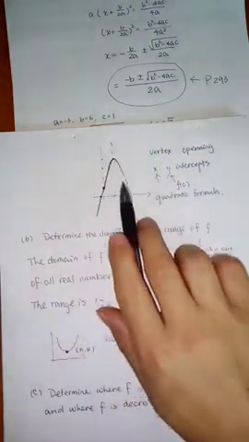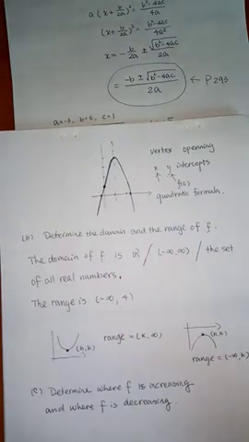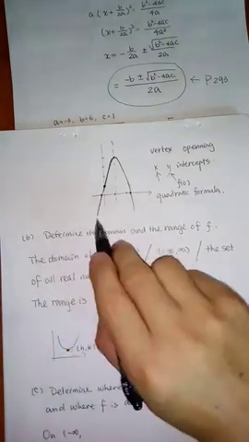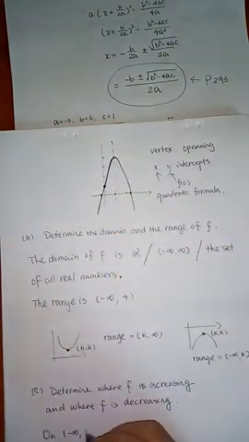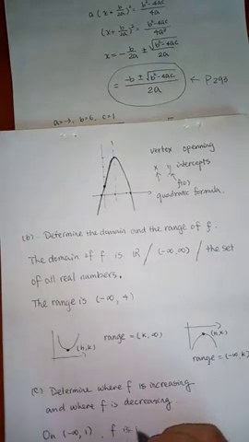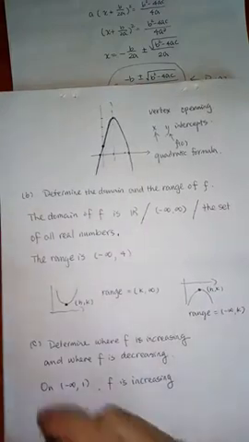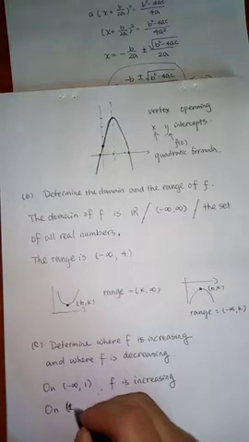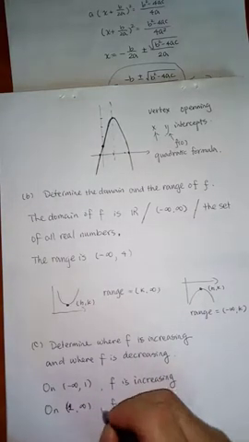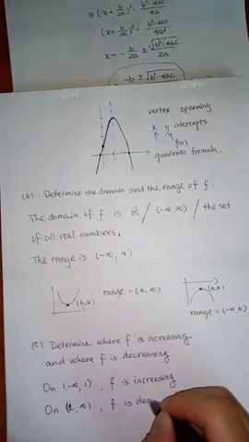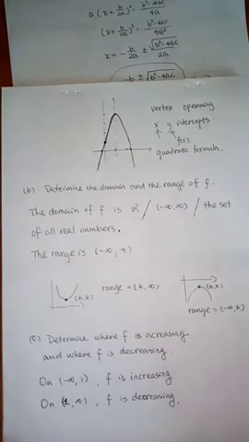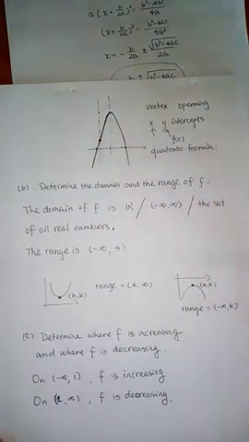On the right side of the axis of symmetry, it's decreasing. So on the left side, negative infinity to 1, f is increasing. On the right side, 1 to positive infinity, f is decreasing. Okay, so just check this graph and you will clearly get the answer.